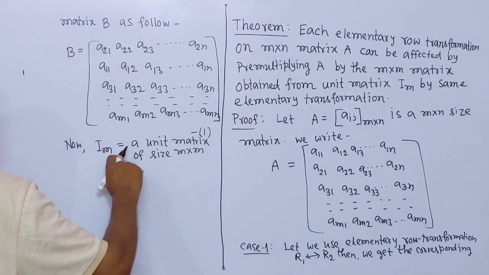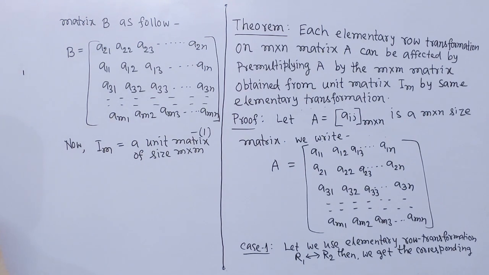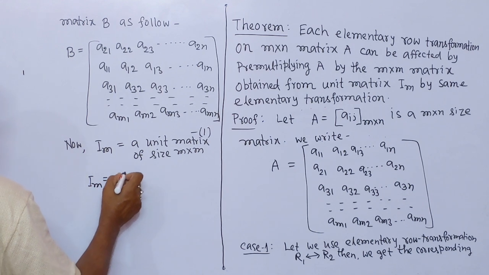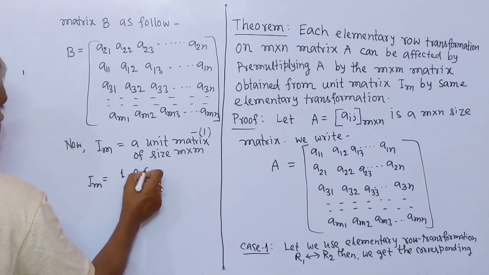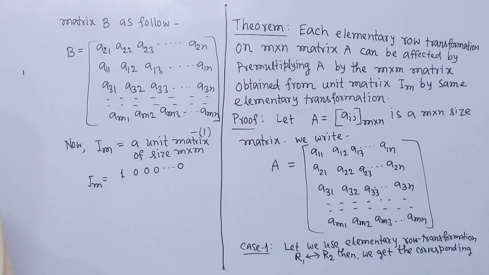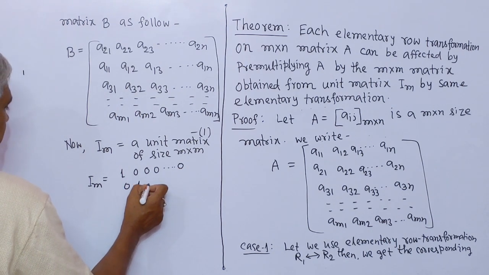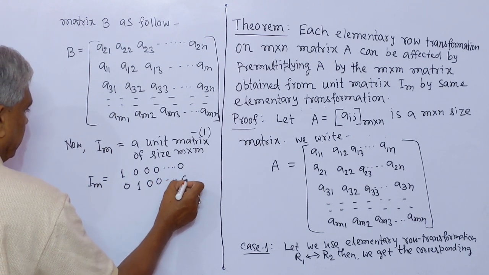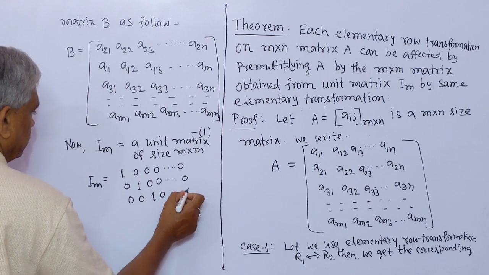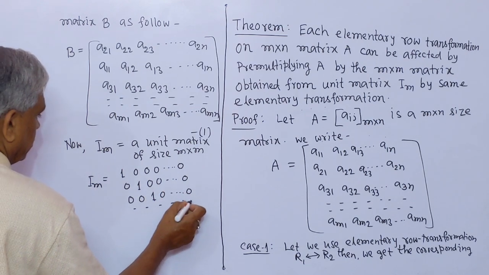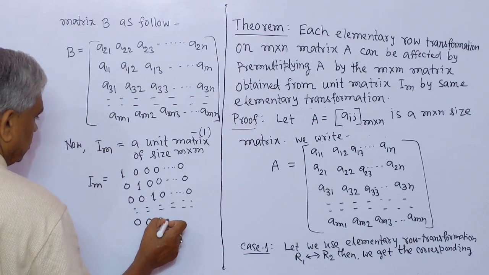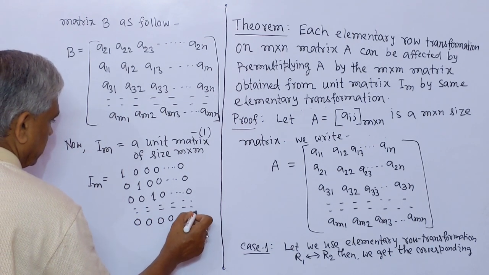So we may pre-multiply. Im equals 1 0 0 ... 0 (m columns), 0 1 0 ... 0, 0 0 1 ... 0, and so on, lastly 1.